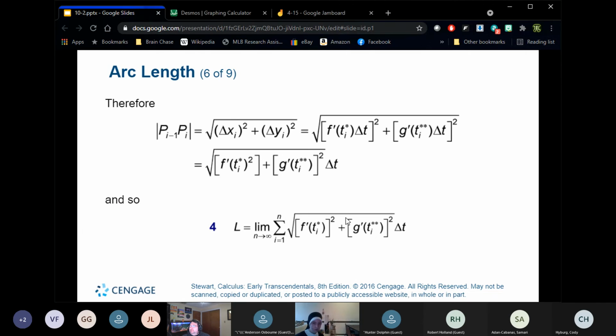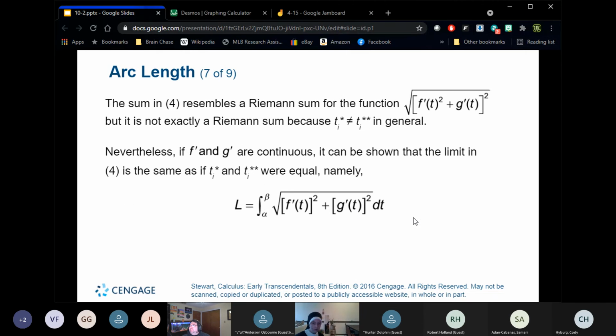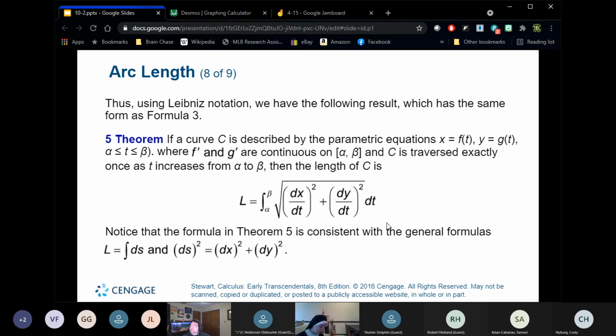This is all leading up to the equation. As you can see here, this is just another way to write it: the derivative of x squared plus the derivative of y squared. All right, so there's my equation.